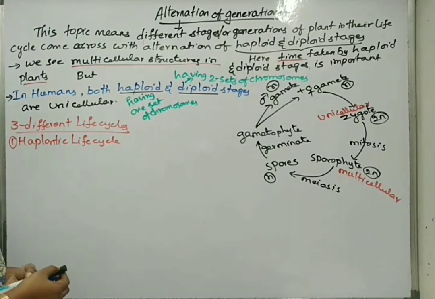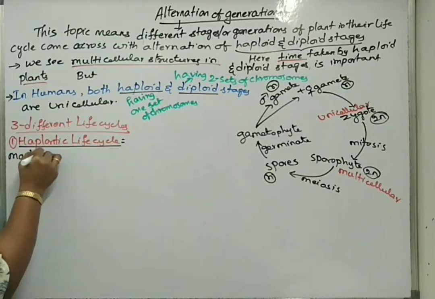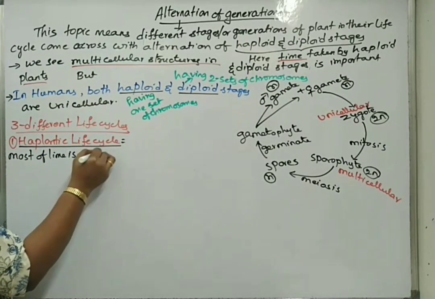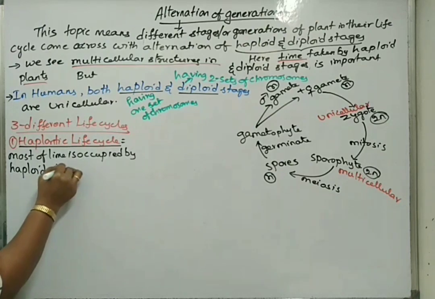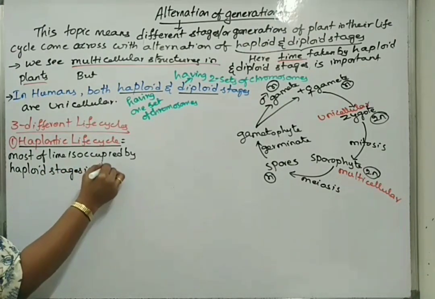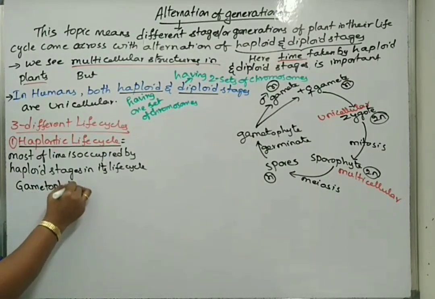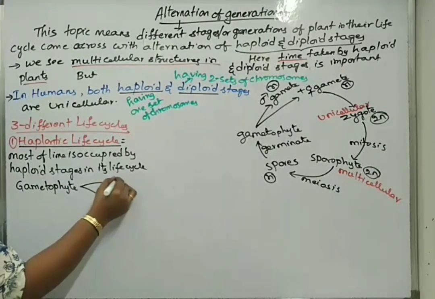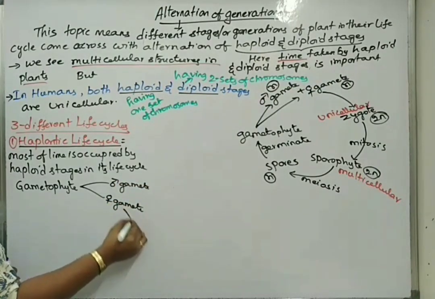Haplontic means most of the time in the life cycle is occupied by haploid stages. Let's start with the plant body. Suppose the plant body is a gametophyte. It produces male and female gametes.